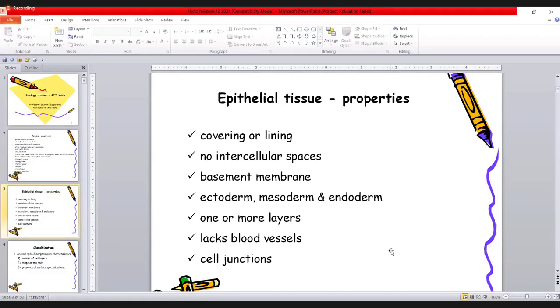Right. Let's move on to the next question. State the classification of epithelia. How do you classify epithelia? Now I want you to take a second, think and give me a full answer. Describe the classification of epithelia. Commonly you get not just epithelia, any other thing. Classify bones, classify epithelia, classify this, classify that. You get this question most often.